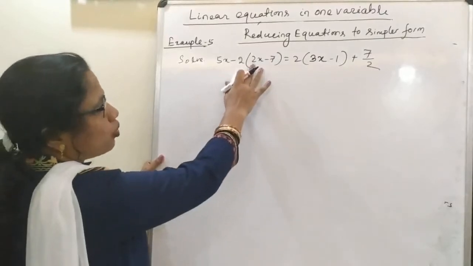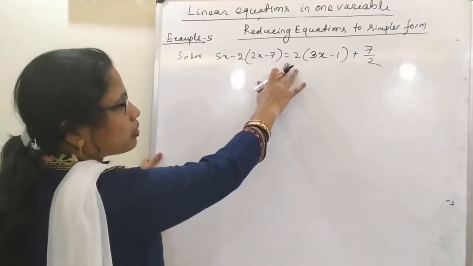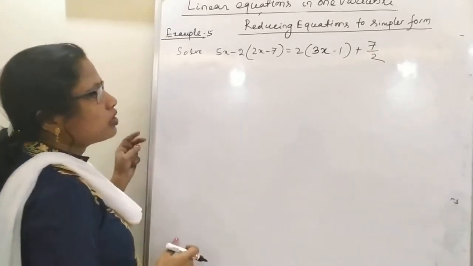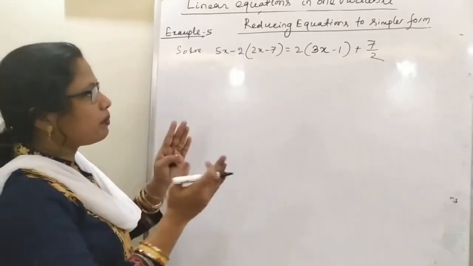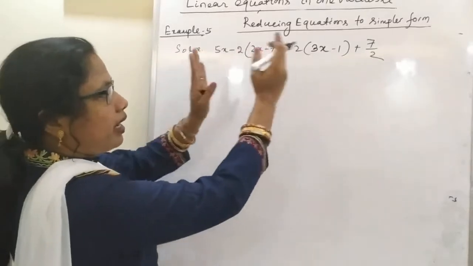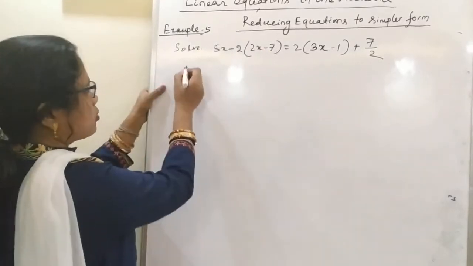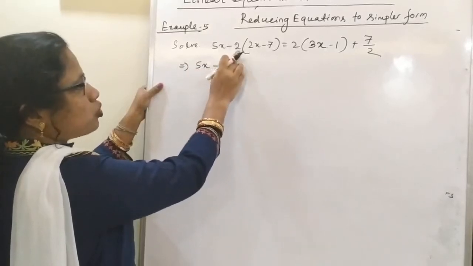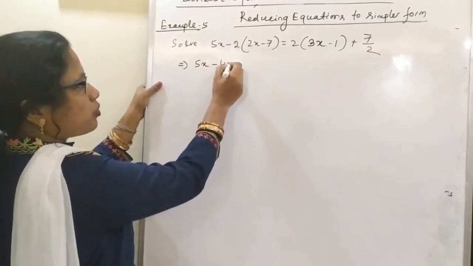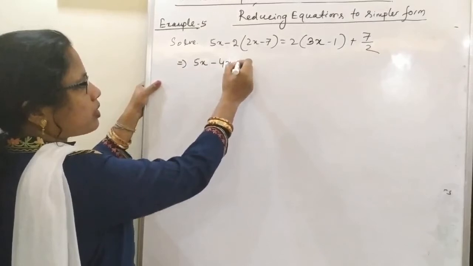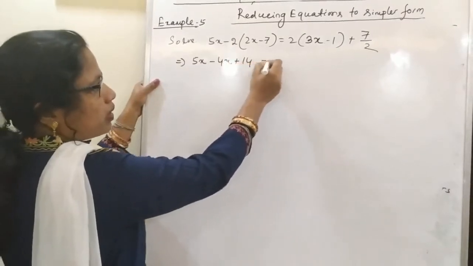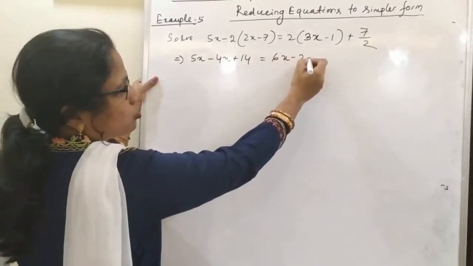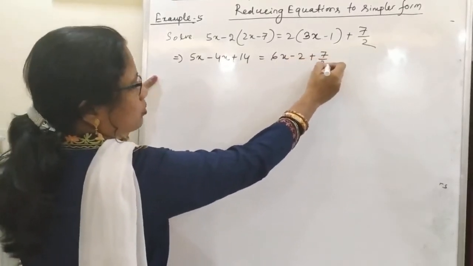(5x minus 2) whole into (2x minus 7) is equal to 2 whole into (3x minus 7) plus 7 by 2. So here we will first simplify the left hand side and right hand side separately. So this becomes 5x minus 2 multiplied with 2x minus 4x minus 2 multiplied with 7 plus 14 is equal to 3x, 6x minus 2 plus 7 by 2.